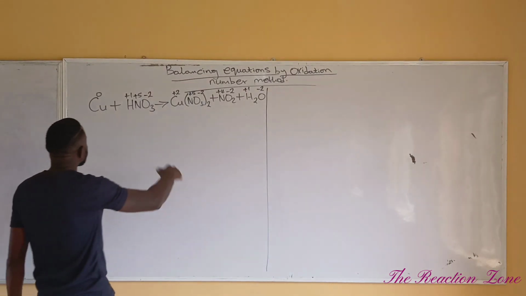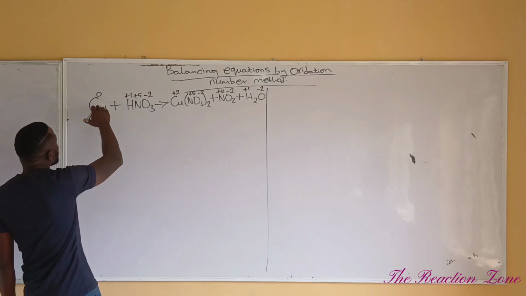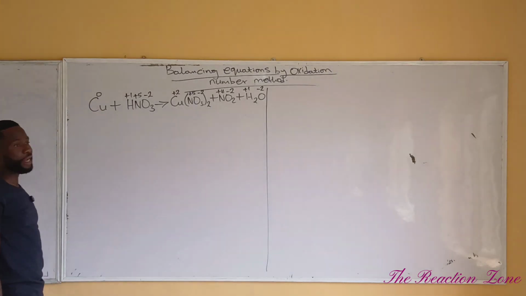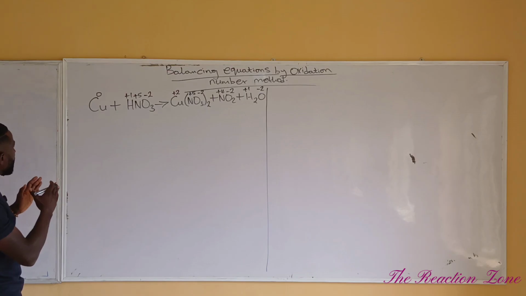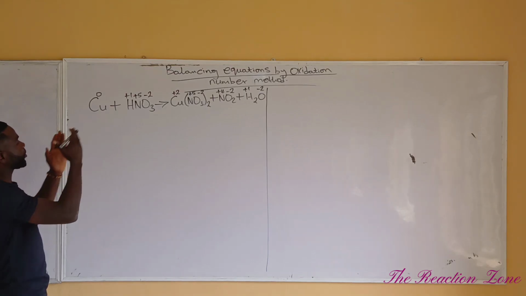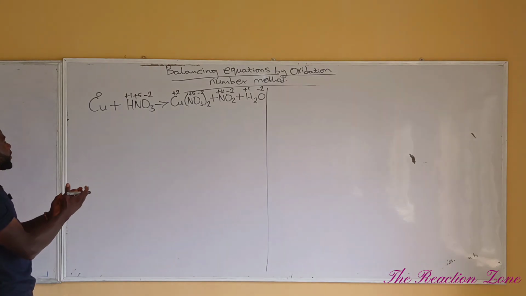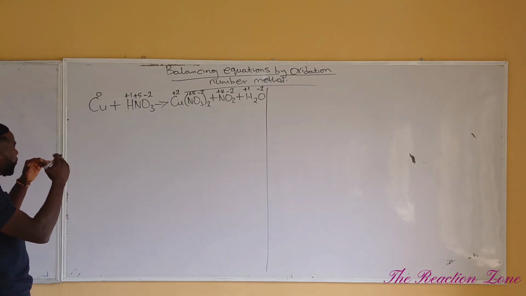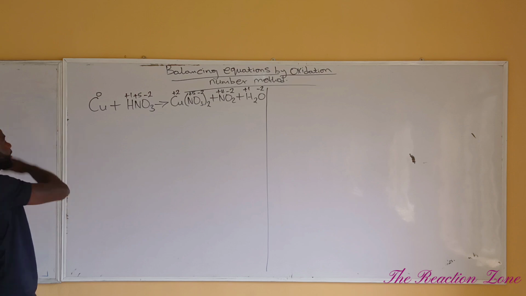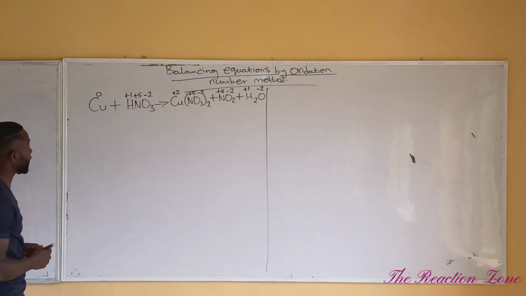So the essence of assigning oxidation numbers to all the elements in the chemical equation is to know which of the elements is characterized by an increase in oxidation number and which one is characterized by a decrease, and which ones have the same oxidation number in moving from the reactant side to the product side.